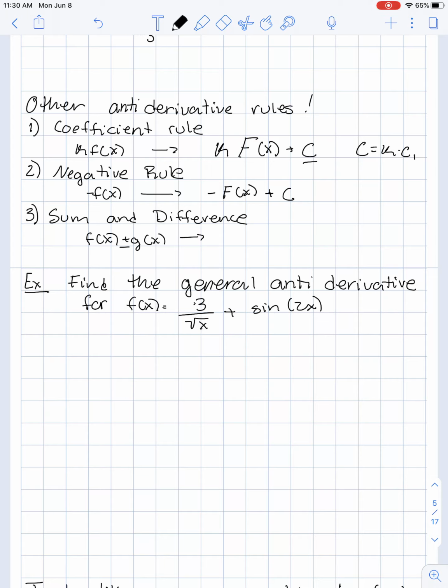Sum and difference. So if I have little f of x plus or minus little g of x, I'll have big F of x plus or minus big G of x, plus I would have a constant from f and a constant from g. Well, I can just combine those into being a super constant, and I can just call that c again.